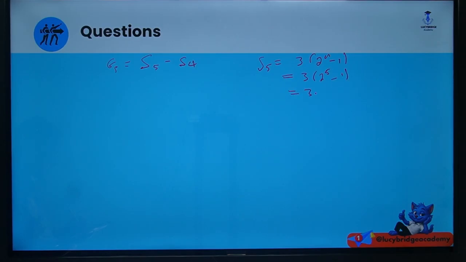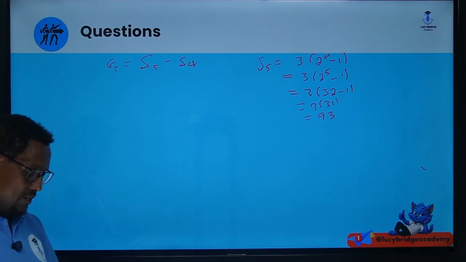What is 2 to the power of 5? 32. 32 minus 1 is 31. 3 times 31 is 93.